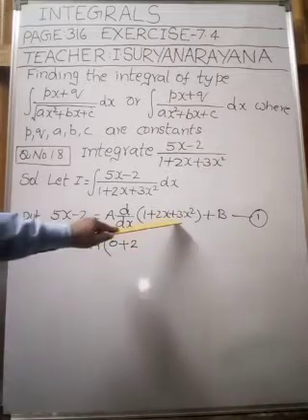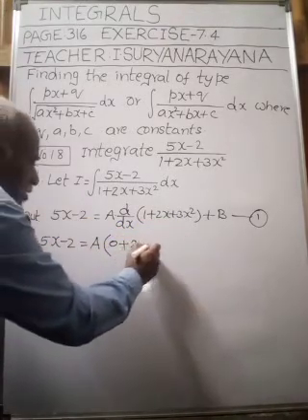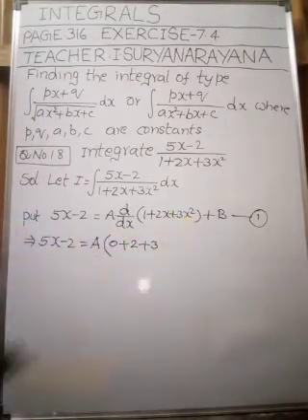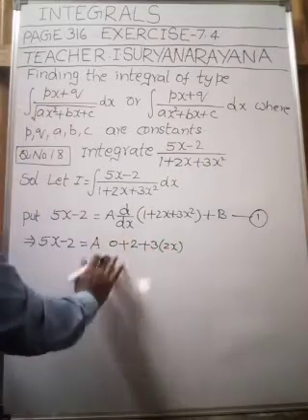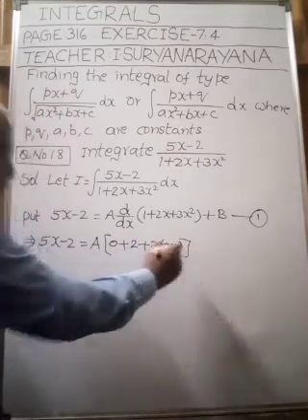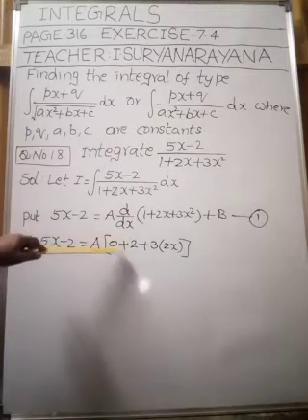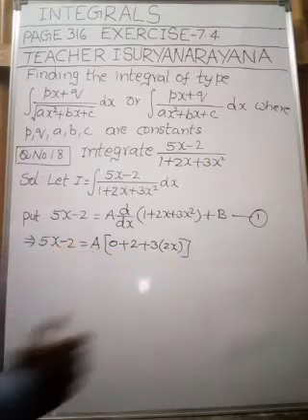Here I am writing the derivative directly. Plus 3 into, what is the derivative of x square? 2x. Understood this part, my children? I found the derivative of this function and wrote it in the square brackets. Right. Plus B.